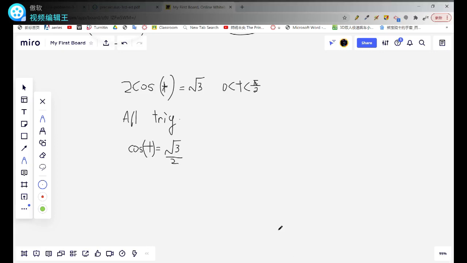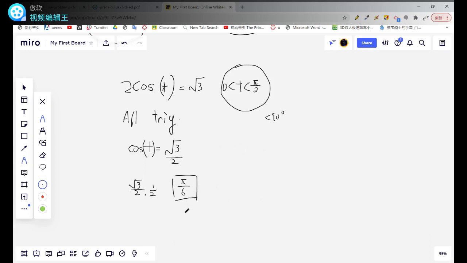So it must be less than 90 degrees, which is strictly in the interval between 0 and pi over 2, right? Then the point is root 3 over 2, comma 1/2, which by the unit circle is basically just pi over 6. Okay, this is basically our answer.